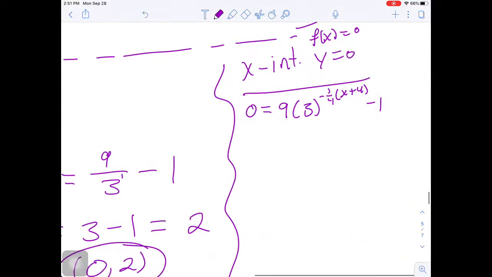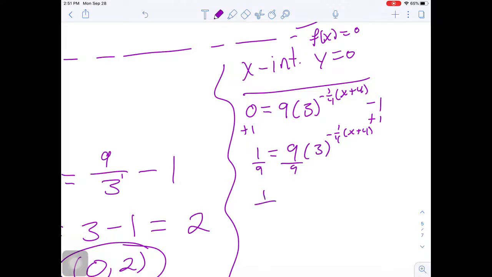Okay, I'm going to add 1 to both sides, and this will give me 1 equaling 9 times 3 to the power of negative 1 over 4, x plus 4. I'm going to divide both sides by 9, so I get 1 over 9 equaling 3 to the power of negative 1 over 4, x plus 4.